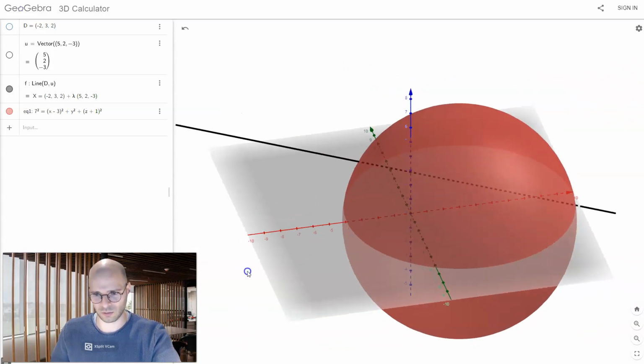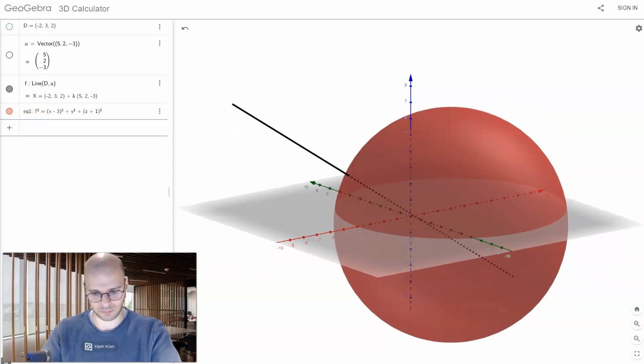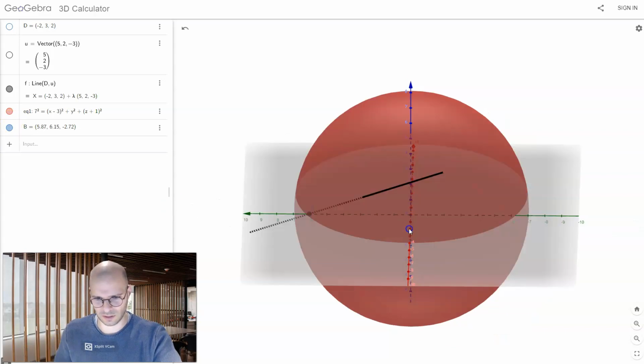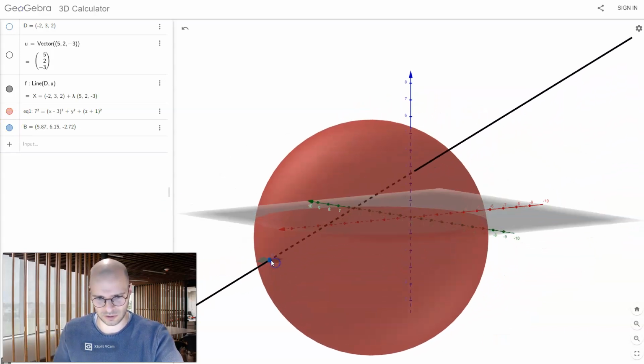And what we found was the first one, having to flick back, is going to be 5.87, 6.148, and then minus 2.722. And lo and behold, that's our first point of intersection there.